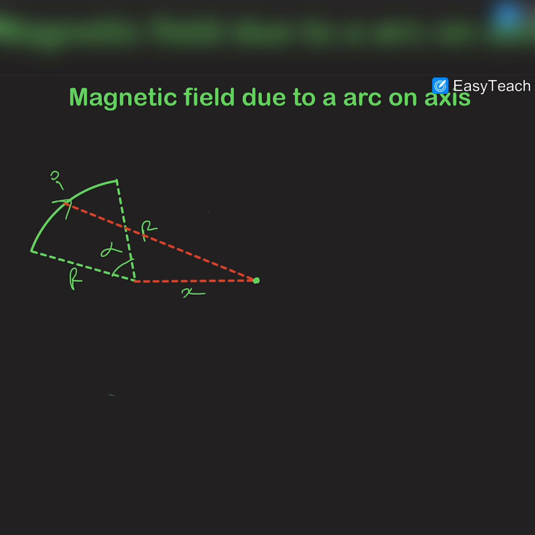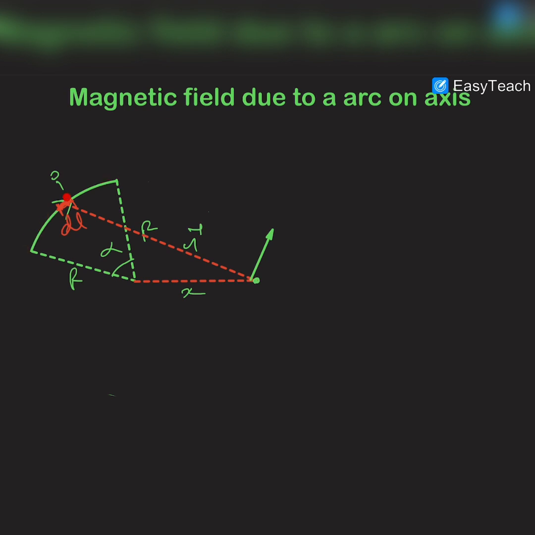So first of all, let us suppose that this is a small element dl, and the magnetic field due to this element will be perpendicular to this r vector. You could imagine that this is a three-dimensional diagram.